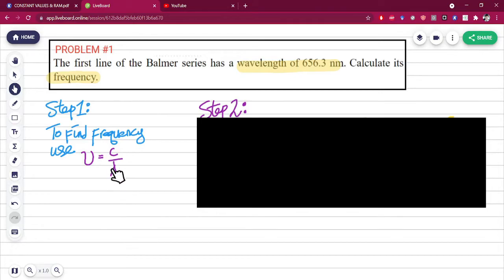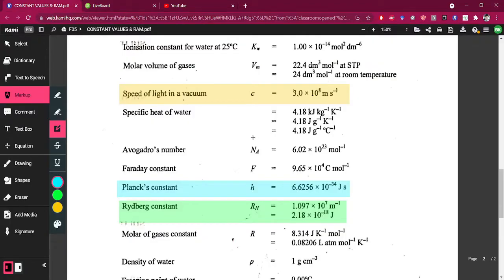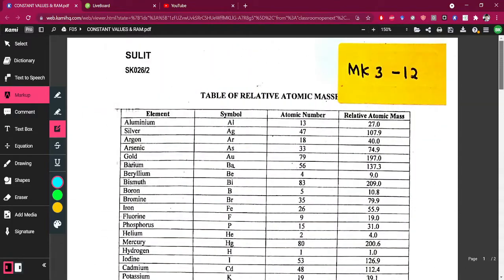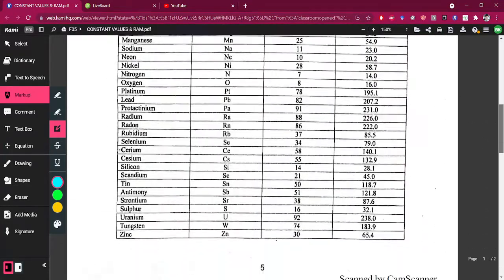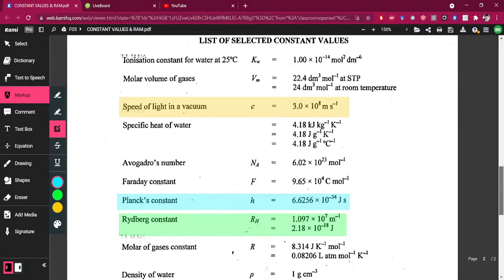So you have the wavelength over here, and the wavelength is given to you right there. You only need to look up the speed of light. Where are you going to get that from? Well, in exams, they will give it to you. I have given this document in your Google Classroom, and this is the exact document you will be getting in exams.